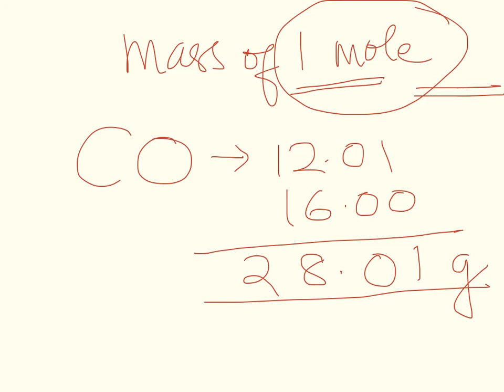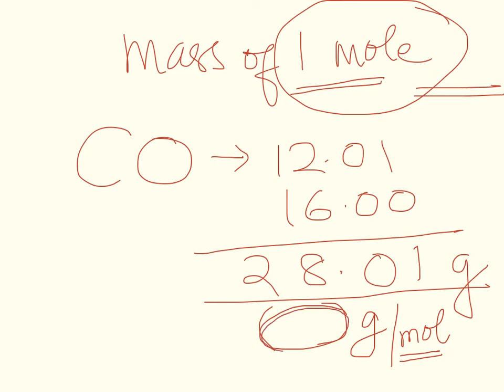But when you write the units, if the question is what is the molar mass or molecular weight or formula mass of a certain compound, you give the number and the unit as grams per mole. That means you are conveying that every mole of this compound contains this many grams of this compound. We will do a lot of exercises in class.